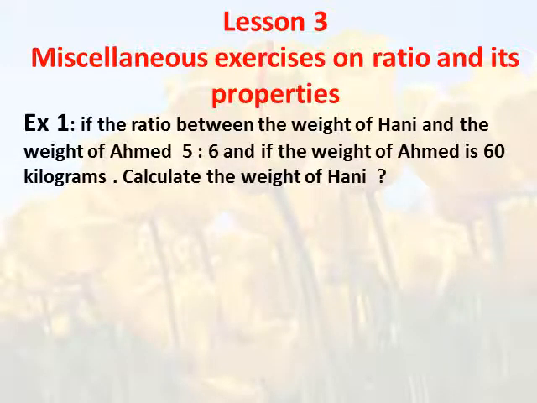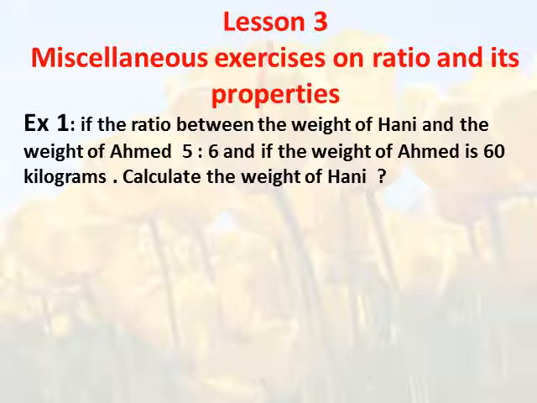If the ratio between the weight of Hani and the weight of Ahmed is 5 to 6, I talk about two quantities, the weight of Ahmed and the weight of Hani, and I know the ratio between them, 5 to 6. And if the weight of Ahmed is 60 kilograms, calculate the weight of Hani.